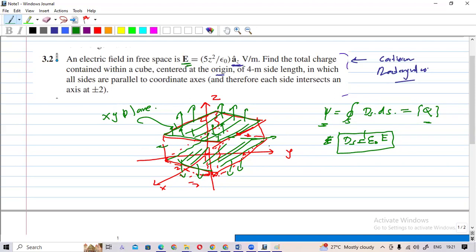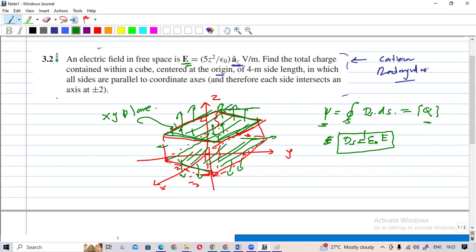That means this flux is only through the XY planes. So one XY plane is here, which is Z equal to minus 2.